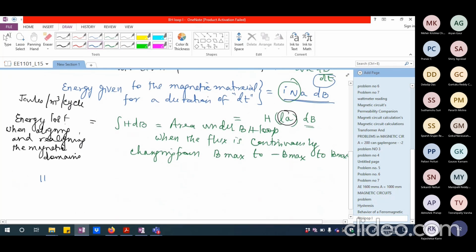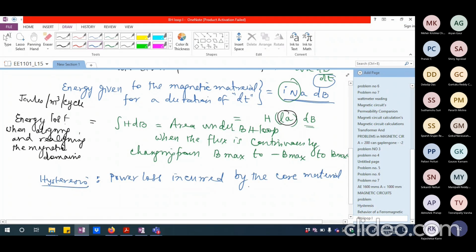So hysteresis loss is the power loss that is incurred by the magnetic material, by the core material. Invariably in an electrical machine, the ferromagnetic material will be used as the core.